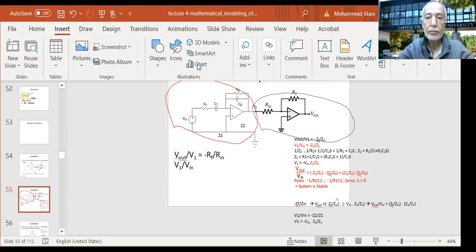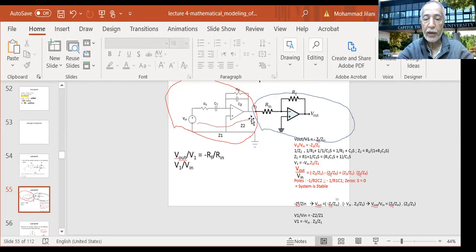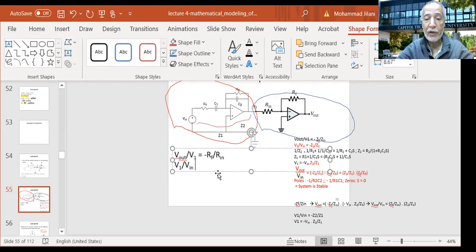I'm talking about this Vn related to this V1. That's the transfer function of the first circuit. So this is equal to minus Z2 divided by Z1.